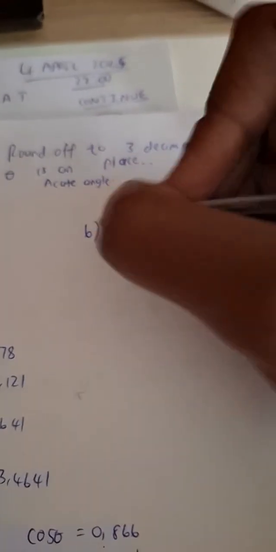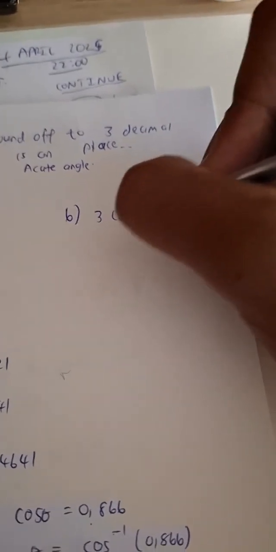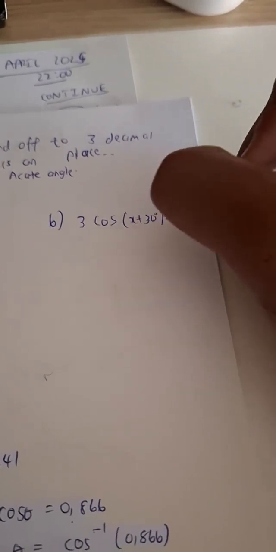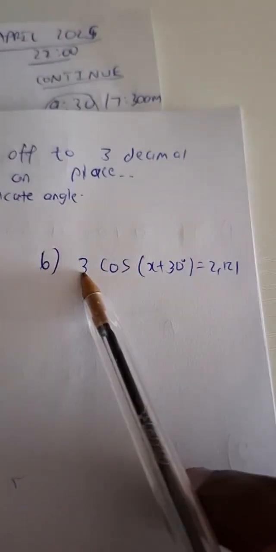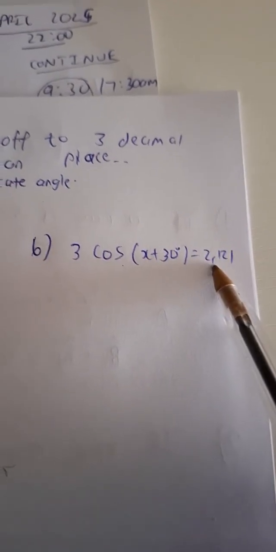Okay, we've got 3 more. Number 6, let's do number 6 up here. 3 cos(x + 30 degrees) is equal to 2,121. Coefficient of 3, trig ratio, compound angle, 2,121.